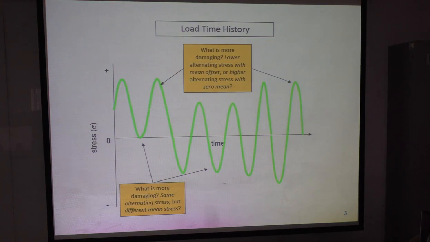So we will create stress inside our body, because if you are hot, you are going to expand. If you are cold, you are going to shrink. This expand, shrink cycle will create stress inside your body.